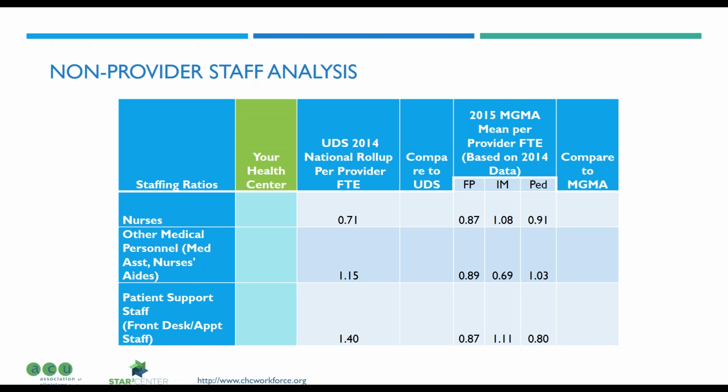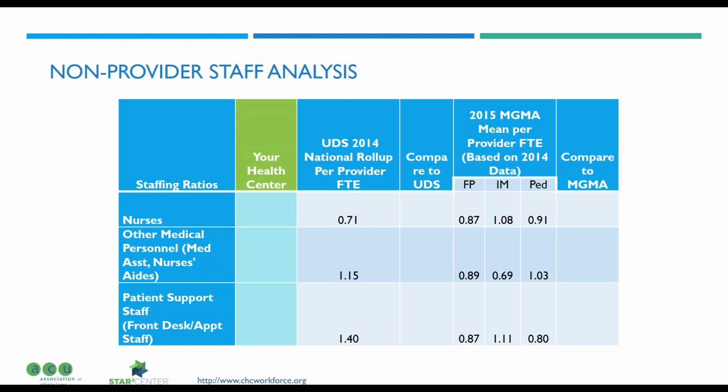Again, it's divided by the number of providers, so how many nurses you have divided by providers, how many other medical personnel, which is where medical assistants, nurses' aides, et cetera, would be, and then other patient support staff, so front desk, appointment staff, all of those functions. Again, this would not be your billing staff or your administrative staff.